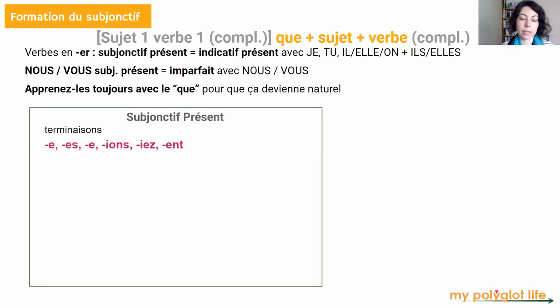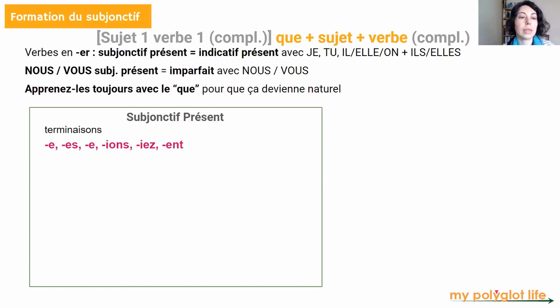The terminaisons, the endings of the verbs are the same throughout the verb groups. So first group, second group, third group, they all have the same endings. So that makes it somewhat easier. Subjunctive always has the same endings.